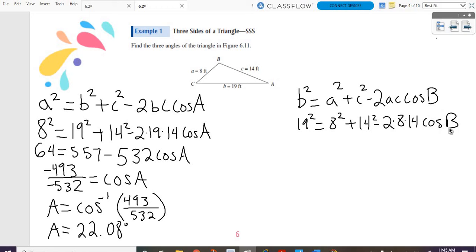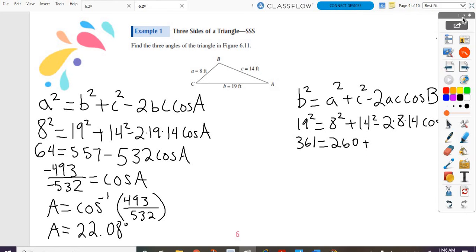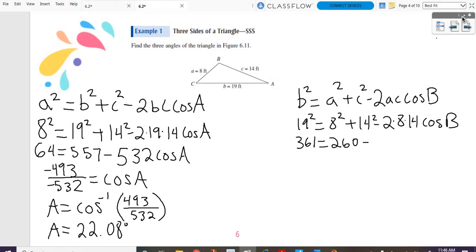Okay, so 19 squared gives us 361. And then 8 squared plus 14 squared. And then 2 times 8 times 14. 224.